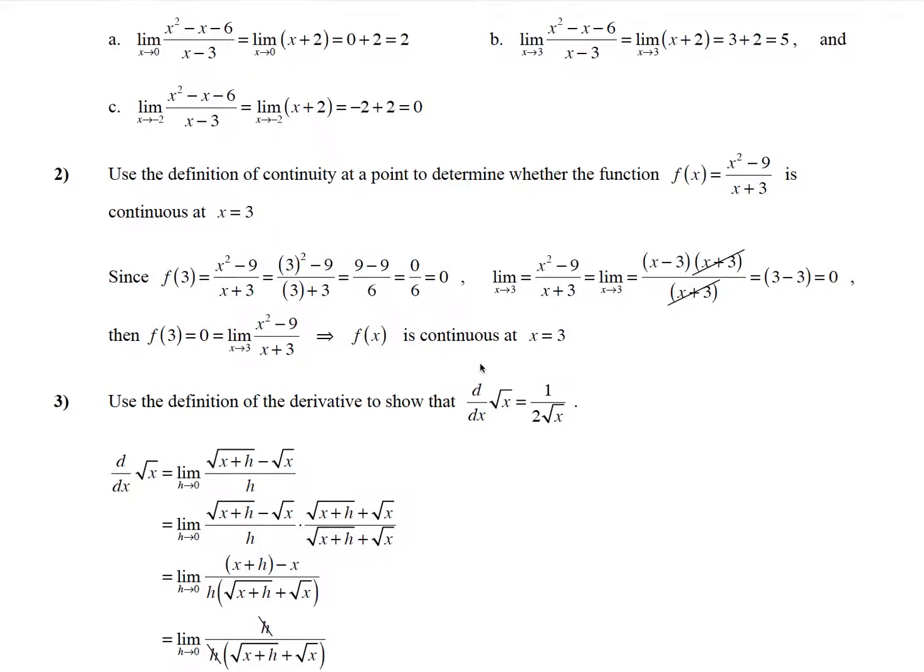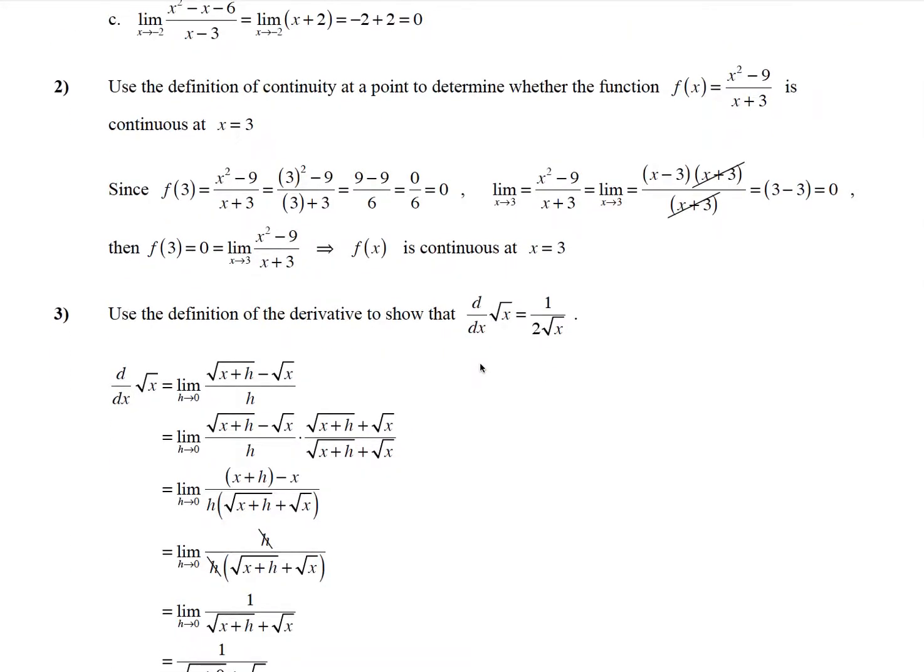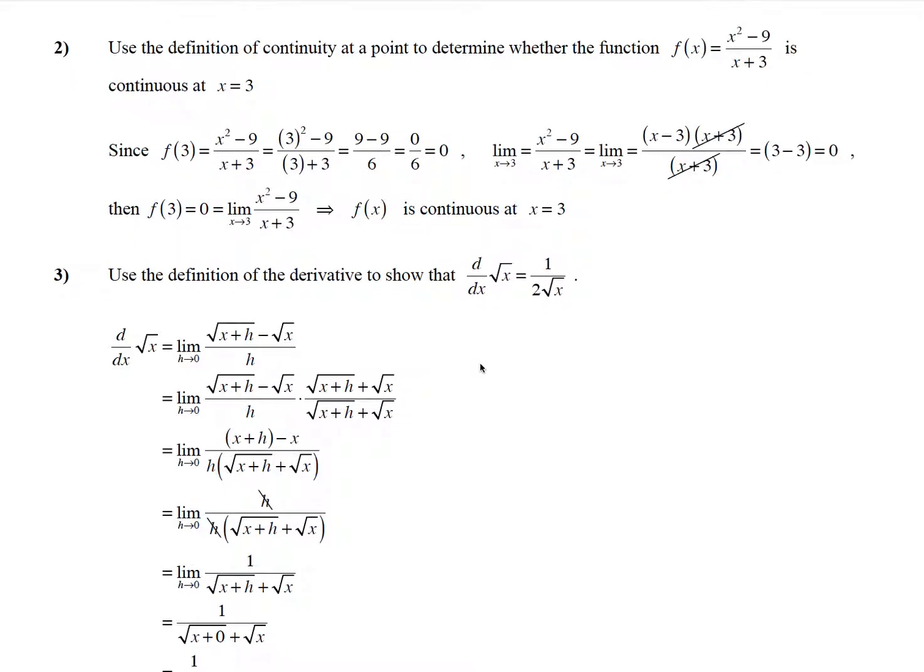Now, in question 2, we will be using the formal definition of continuity at a point to determine whether this particular rational function is continuous at x equals 3. We need to first evaluate the function at this value of x, 3.